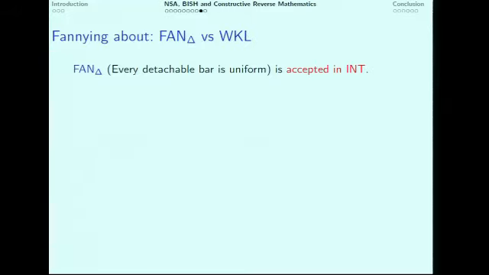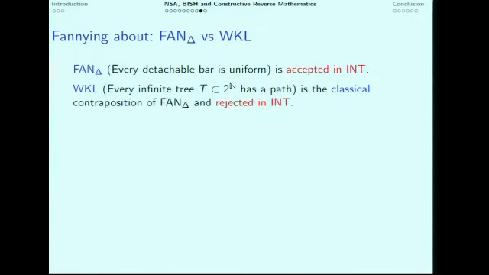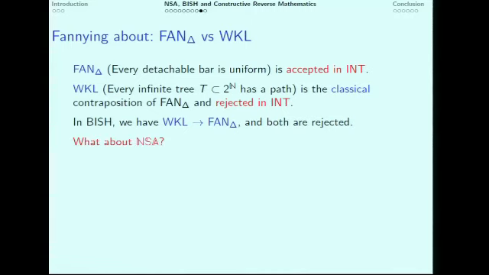I'll give you one example, which has been talked about a lot in constructive reverse math: the Fan theorem versus WKL. Classically they're equivalent. The Fan theorem is accepted in intuitionistic math. WKL is the classical contraposition and it's rejected in intuitionistic math. In constructive analysis, WKL implies the Fan theorem and both are rejected.